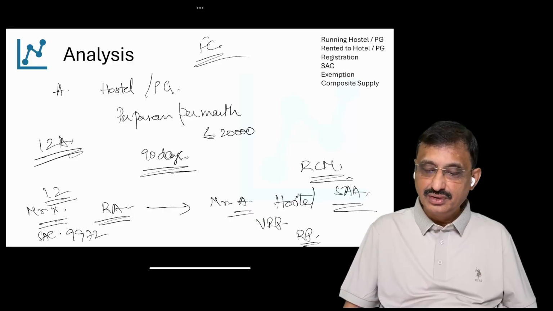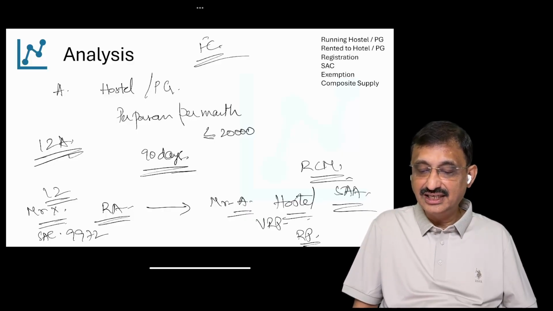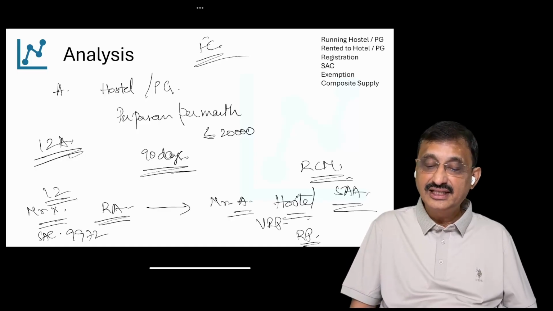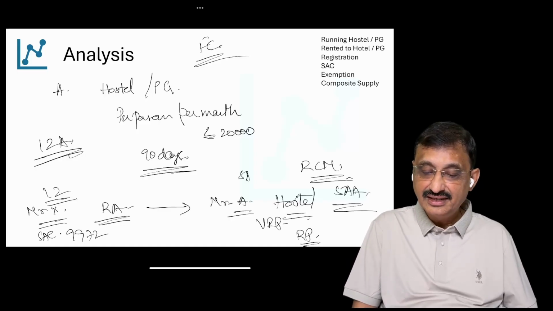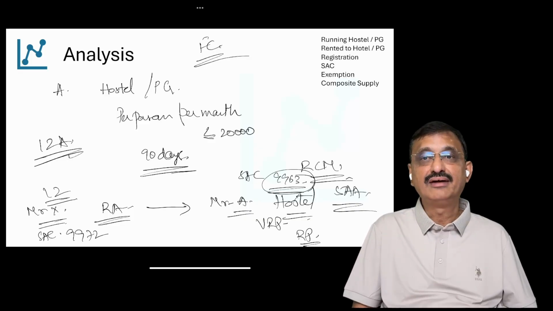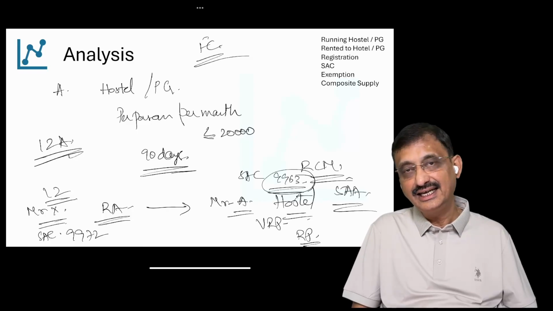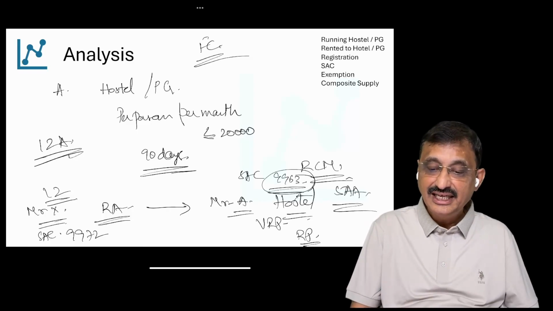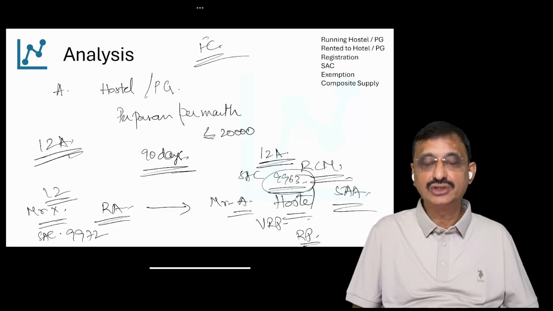Now, for this person who is running the hostel, the SAC code will be 9963. And he may examine if he can get exemption by virtue of 12A of the exemption notification.